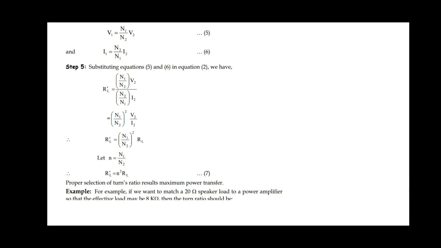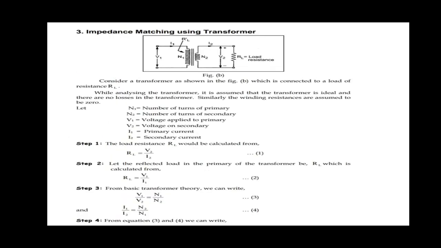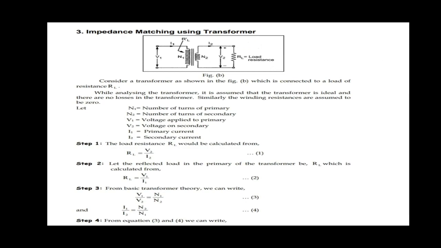We substitute V1 and I1 in equation 2 to get RL dash, the reflected resistance.